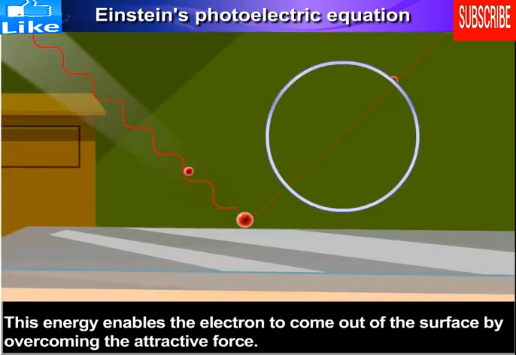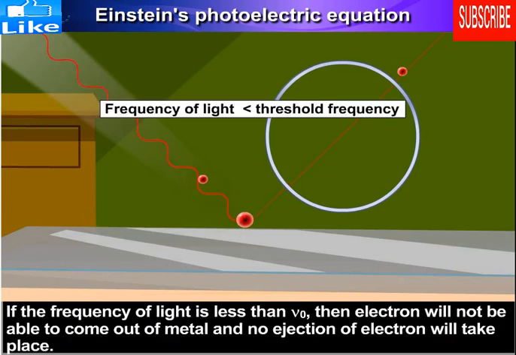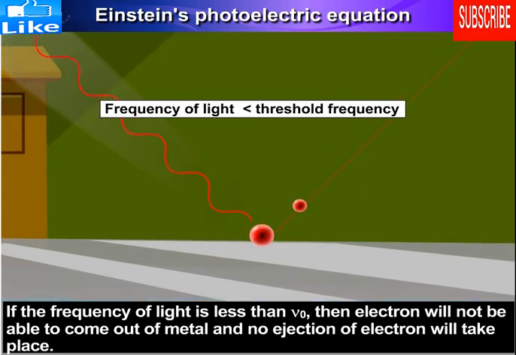This energy enables the electron to come out of the surface by overcoming the attractive force. If the frequency of light is less than ν0, then the electron will not be able to come out of the metal, and no ejection of electron will take place.